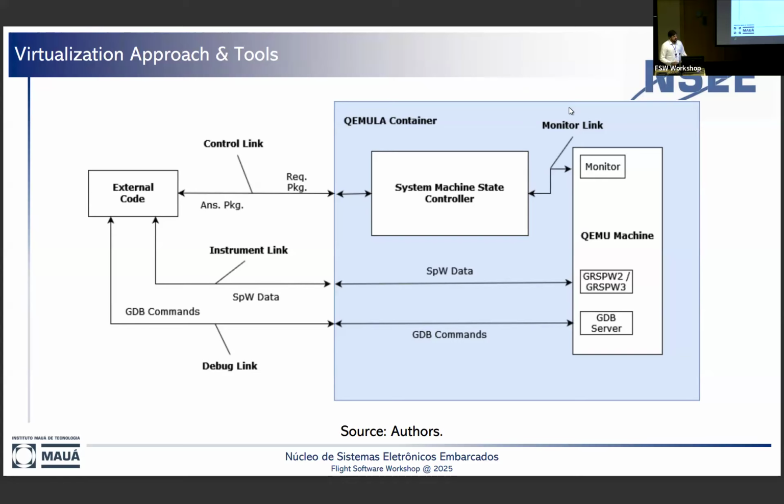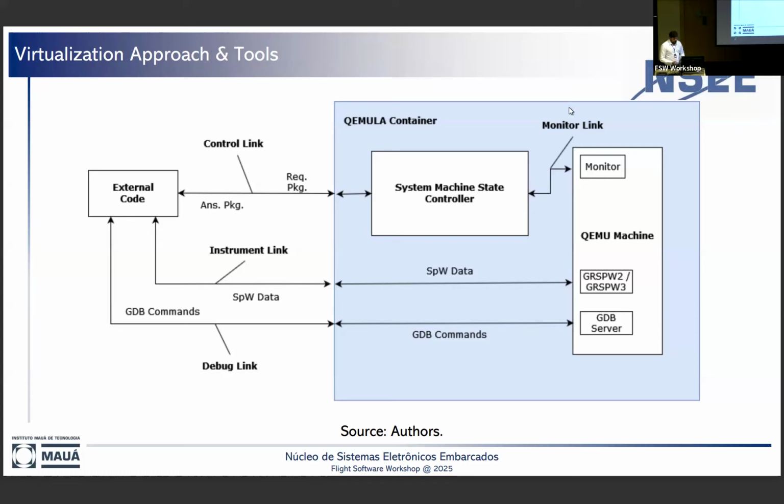And the debug link serves for debugging, control and seeing things that are hard to see normally on the control link. It also has GDB support, so you can, for example, from an Eclipse interface, connect to the container and debug from there, line by line of code, everything you could do with your hardware. These are all features that QEMU natively already supports.